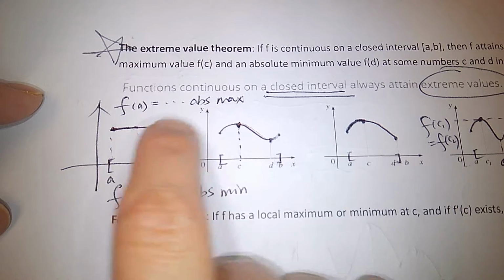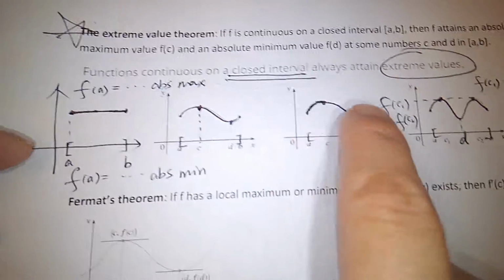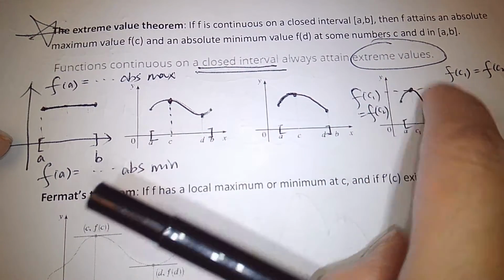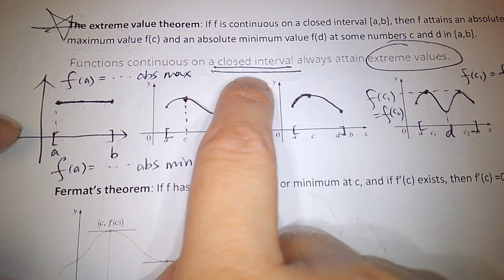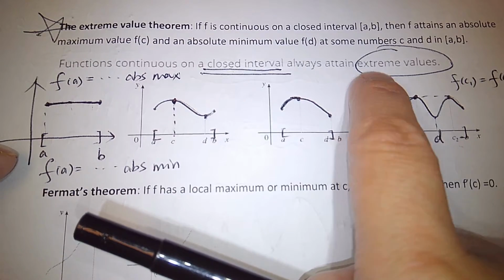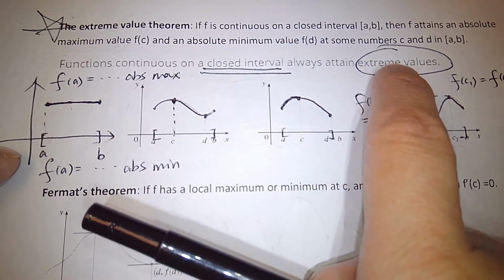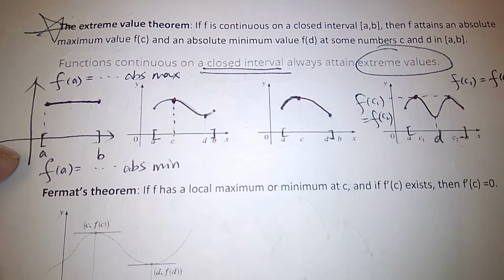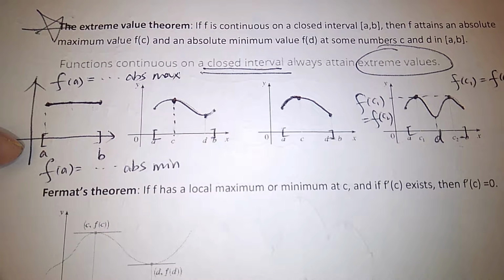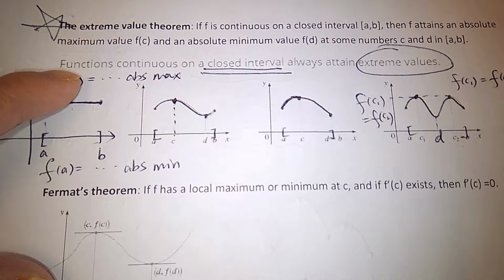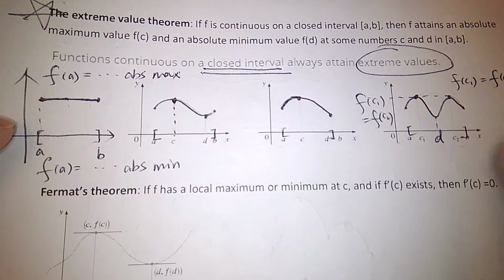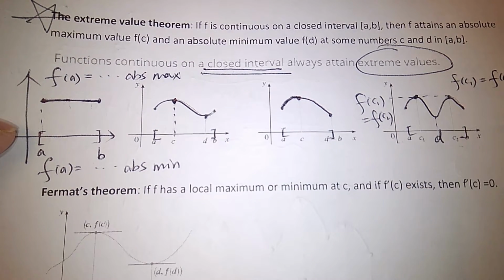Sometimes these points may not be unique. There are two absolute maxima, or infinitely many, but we will have maximum and minimum values. You just need to understand this theorem. I'm not going to test you on it. So just know that a function continuous on a closed interval always attains extreme values.